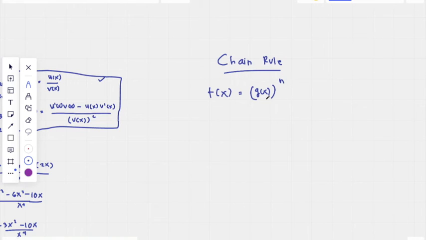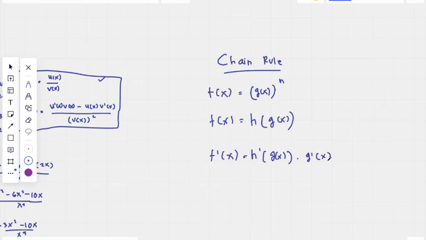Or we can write f(x) equals h(g(x)), for example, like this one. So how to find the first derivative of this one? First find the first derivative of h, so h prime g(x), and then times the first derivative of the function inside, so g prime x.